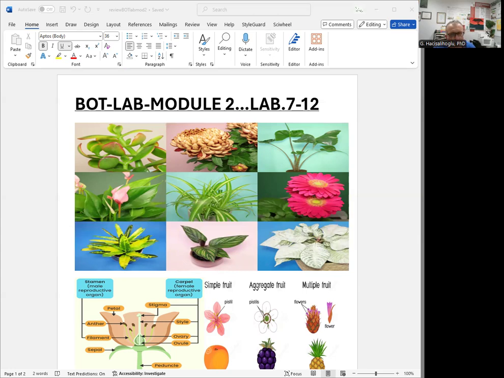So when we think about plant identification, the very first organs that come to mind are specifically leaves. Leaves are signature organs of plants that can help us easily identify different plant species.